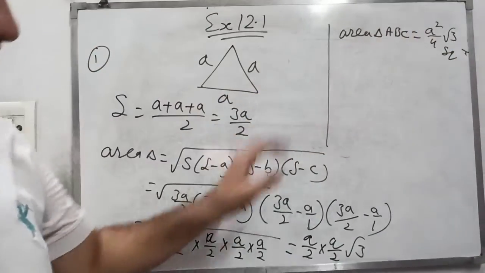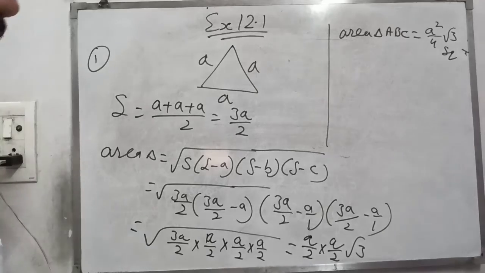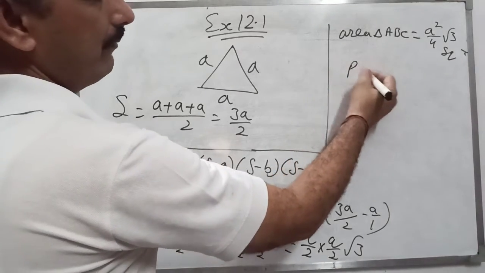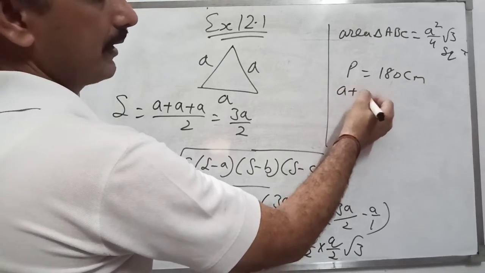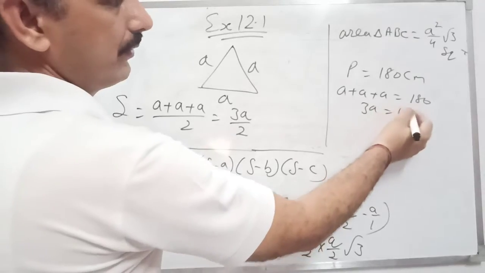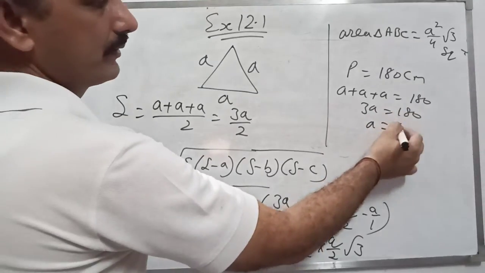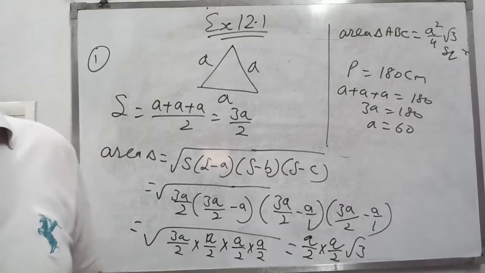Now the further question is, if its perimeter is 180 centimeter. So A plus A plus A equals 180, 3A equals 180, so A equals 60. So the side of that triangle becomes 60, right?